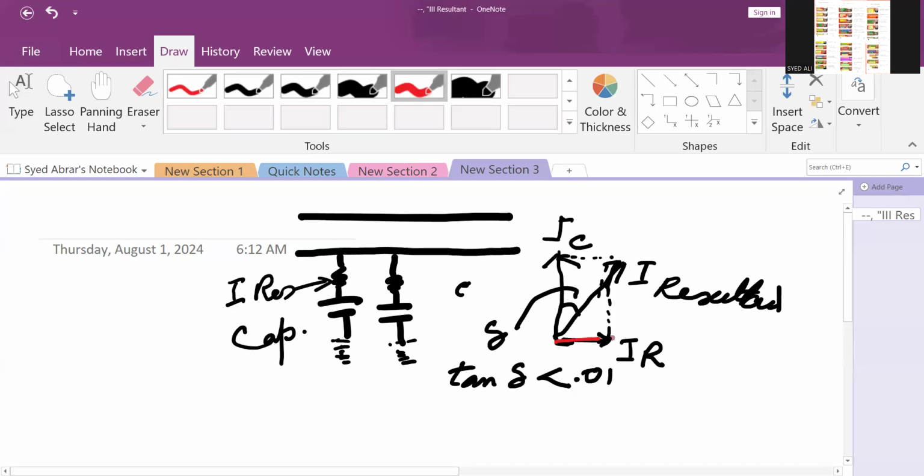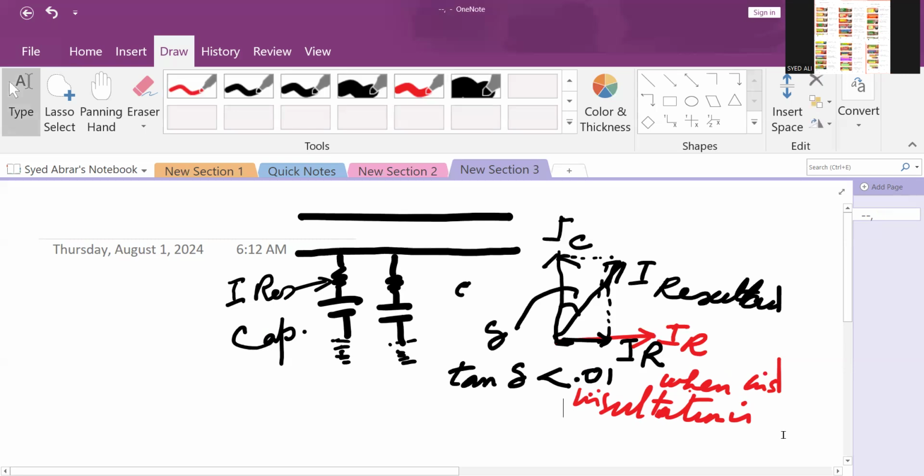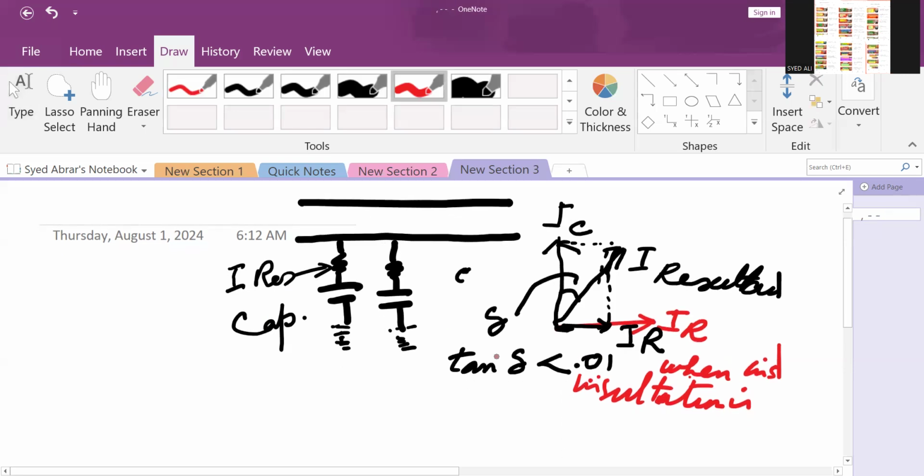That IR will become something like this, the new IR, when the insulation is weak.